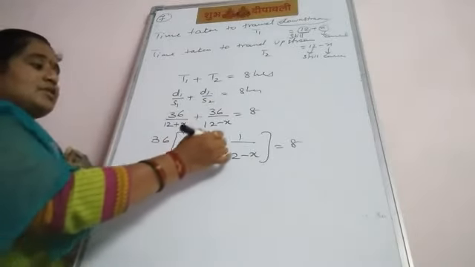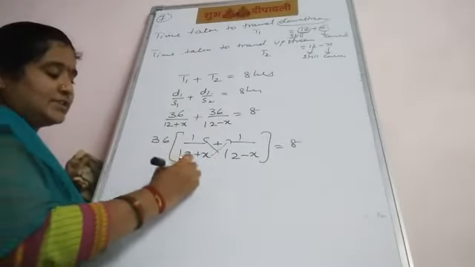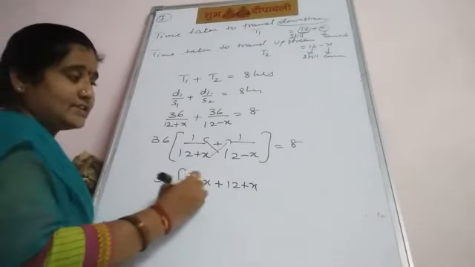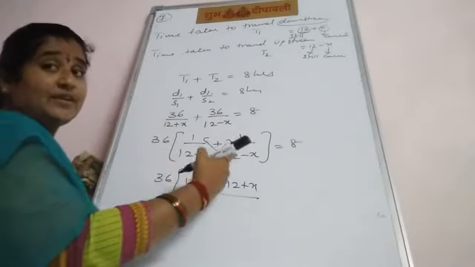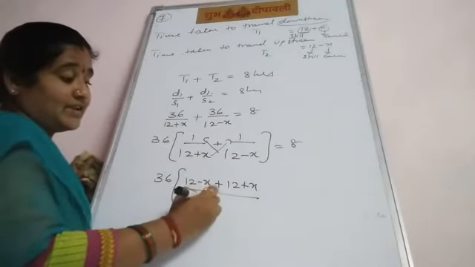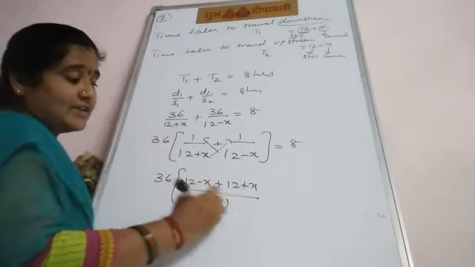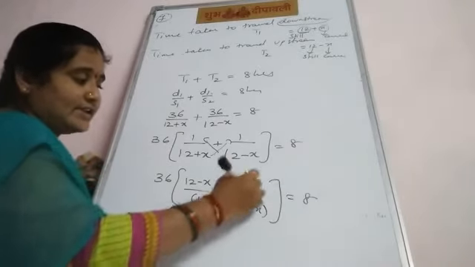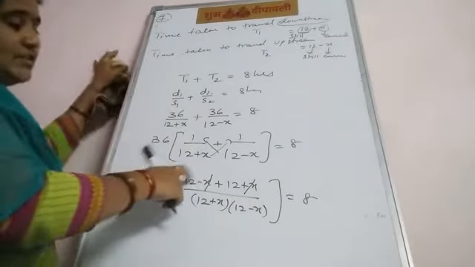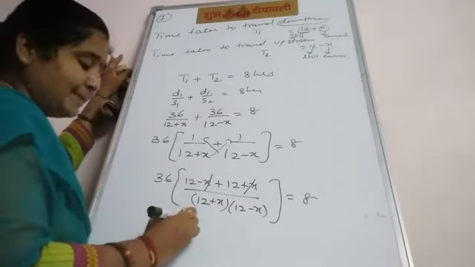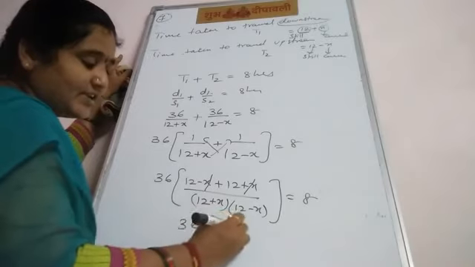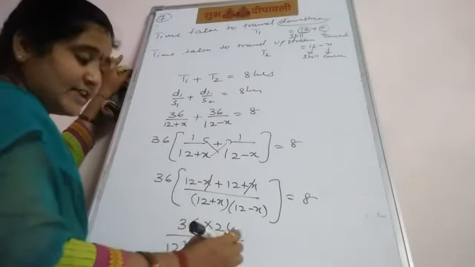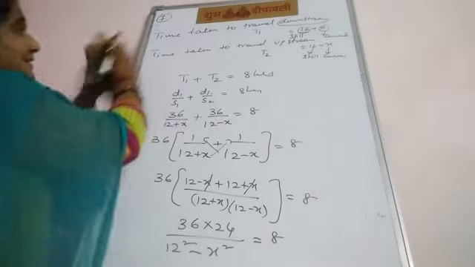Now cross multiply: 36 times 12 minus x plus 12 plus x upon (a plus b) into (a minus b), that is 12 plus x into 12 minus x, equals 8. The x cancels. 12 plus 12 is 24. 36 into 24 upon 12 square minus x square equals 8.